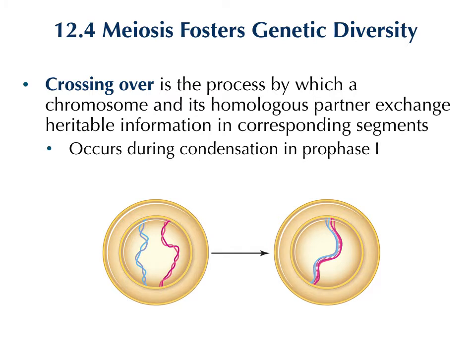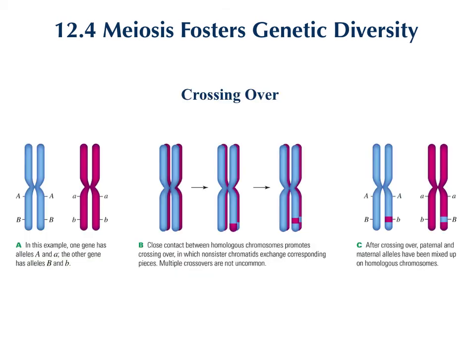Again, crossing over is the process by which a chromosome and its homologous partner exchange segments of DNA, and this always occurs in prophase 1. Looking at it up close, you can see we have the blue chromosome represented with genes containing all capital letters, and the pink chromosome from the mother is represented by genes containing alleles that are all represented by small letters.